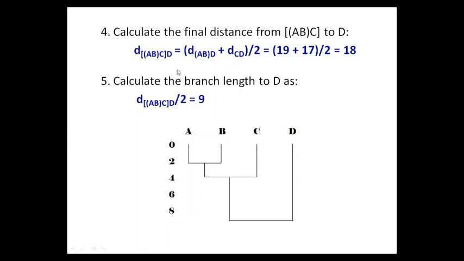Therefore, the average distance of D from ABC will be 18 divided by 2, which is equal to 9. So we shall draw another perpendicular line of 9 unit length, and then similarly we will join them with ABC. Now this is the final phylogenetic tree showing the variation between A, B, C, and D.